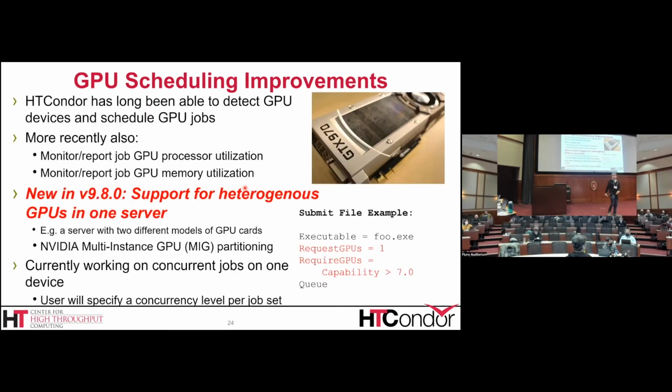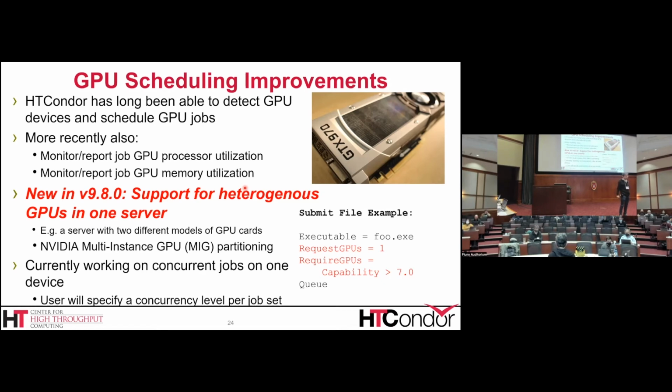GPU scheduling improvements. If you were at the tutorials yesterday, TJ went over a bunch of this work in detail, but HTCondor has long been able to schedule, detect and manage GPU devices. More recently, maybe a year and a half to 2 years ago, we added the ability to monitor and report GPU processor utilization and memory utilization.